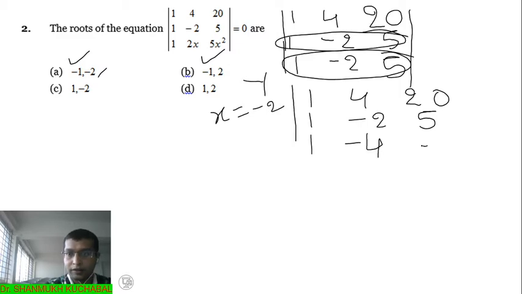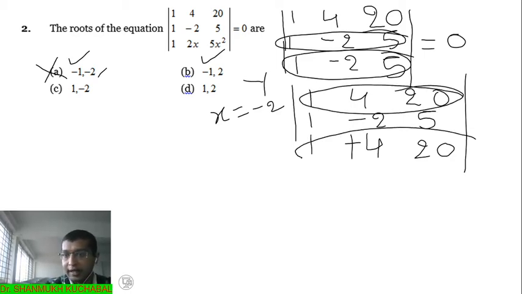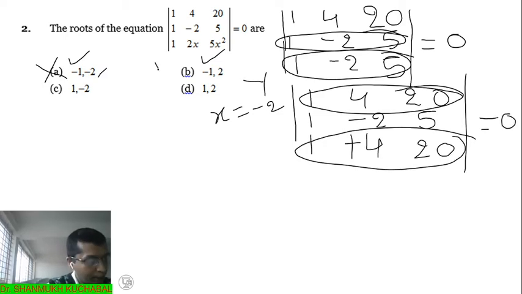Then plus 20 here, so two rows are not identical. We should get LHS equal to RHS here, so this is a wrong answer. If I take plus 2, I get plus 4 plus 20, then two rows are identical, the value of the determinant is equal to 0, therefore option B is the right answer. Option B is the right answer.